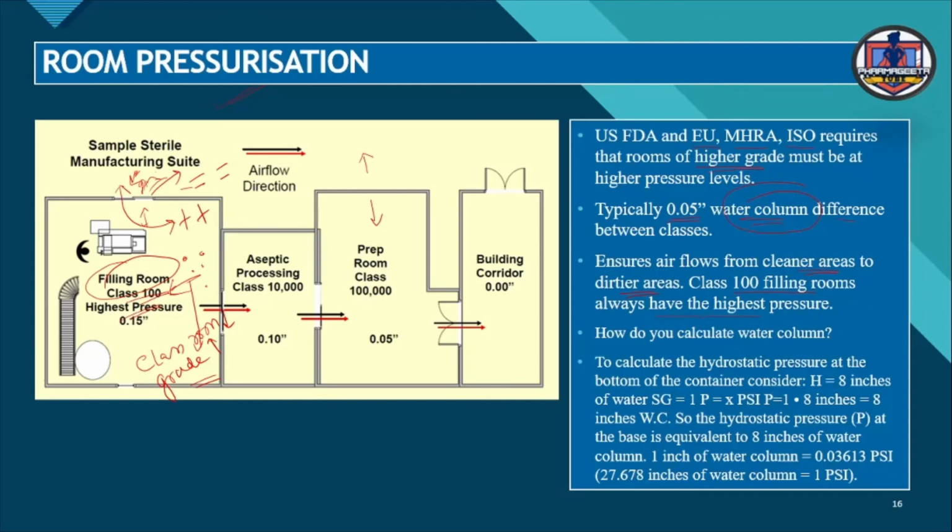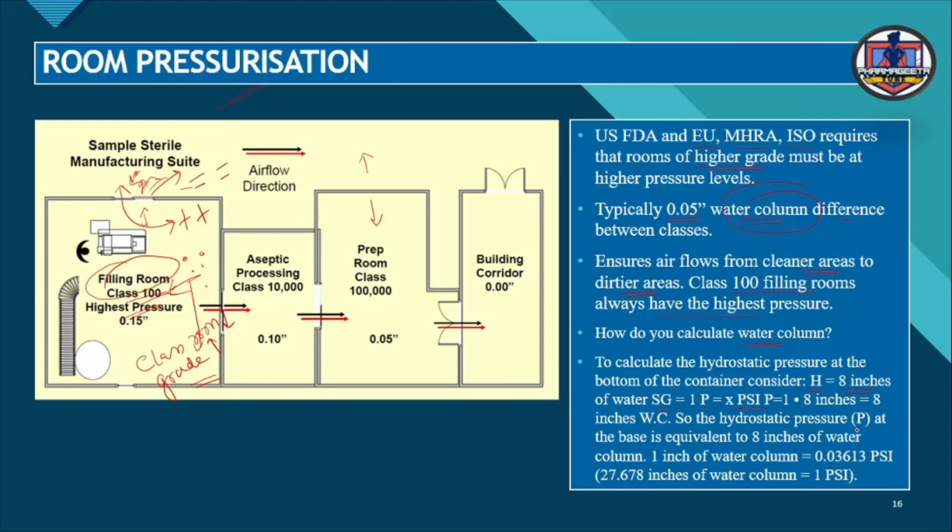So how do you calculate water column? This is very important to remember. To calculate the hydrostatic pressure at the bottom of a container, consider H equals 8 inches, for example of water, SG equals 1, psi being pounds per square inch.